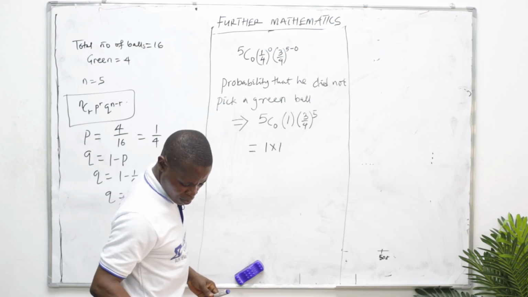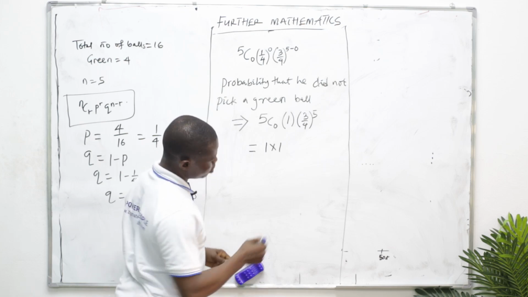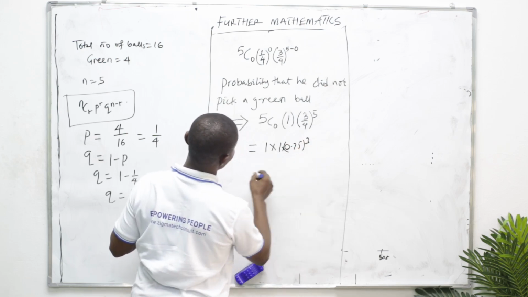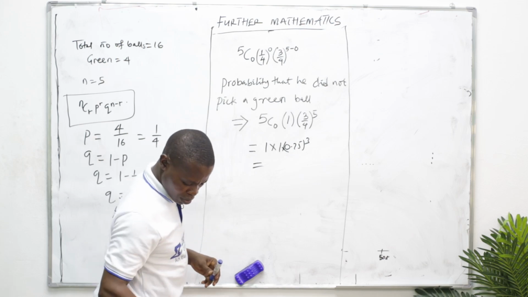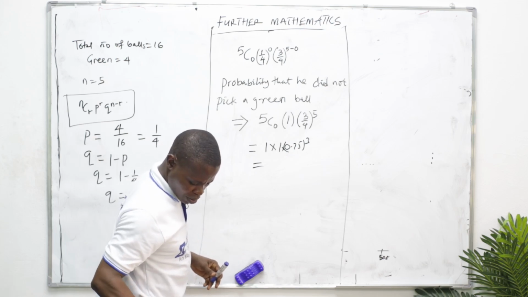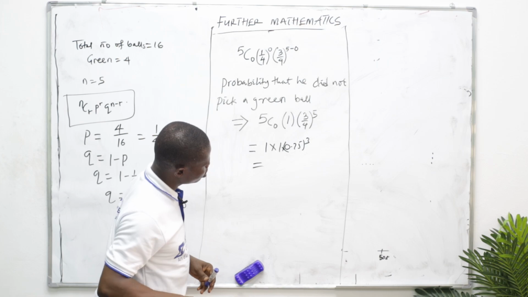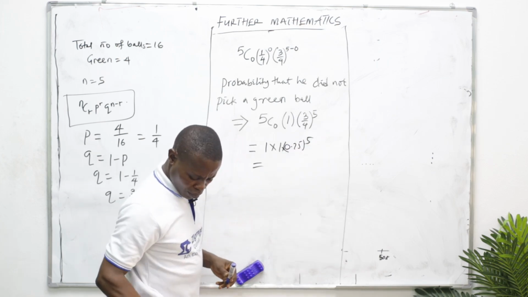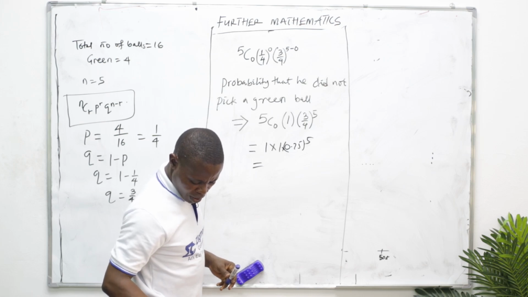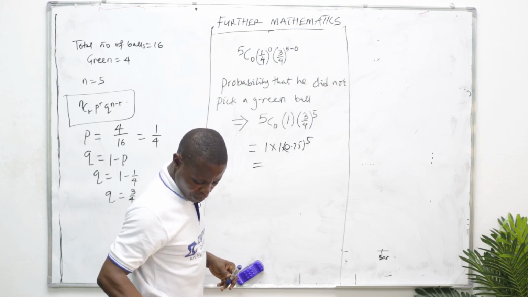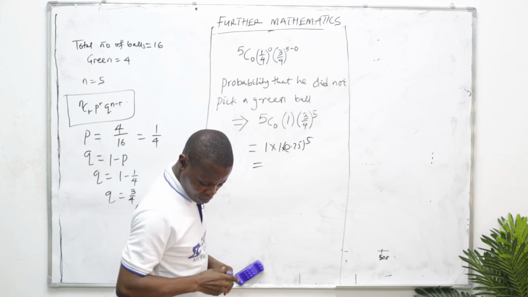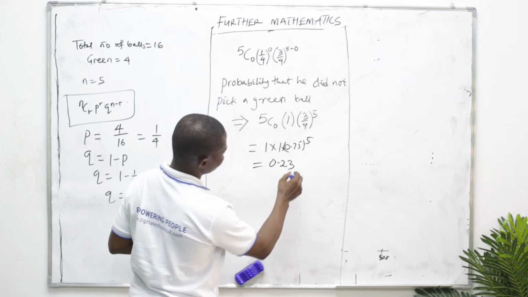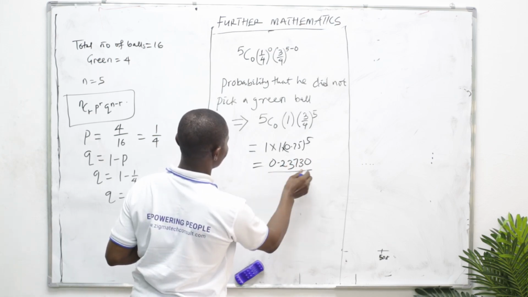3 over 4 is 0.75 raised to power 5, which gives us 0.23730.